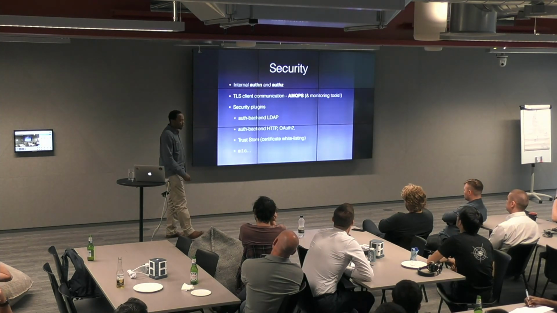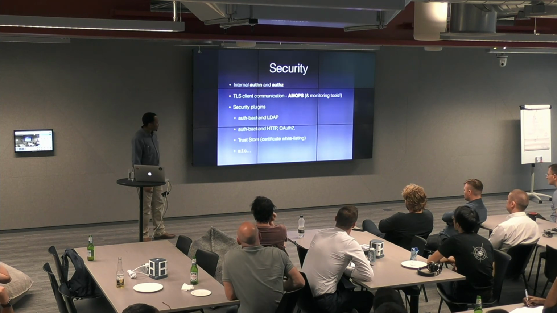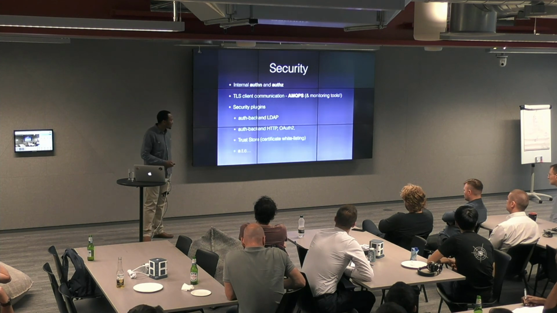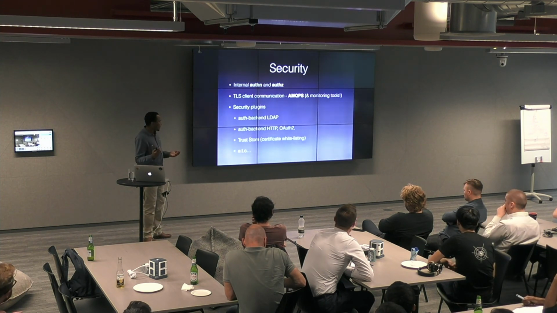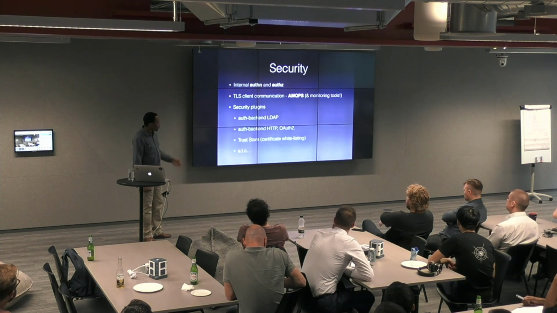And obviously security is a big thing, right? Internally, Rabbit has got mechanisms of carrying out authentication and authorization, right? And you can also carry out AMQPS, right, between your microservices and your broker, and even with your monitoring tools, right? And you've got a whole bunch of security plugins as well that you can enable.